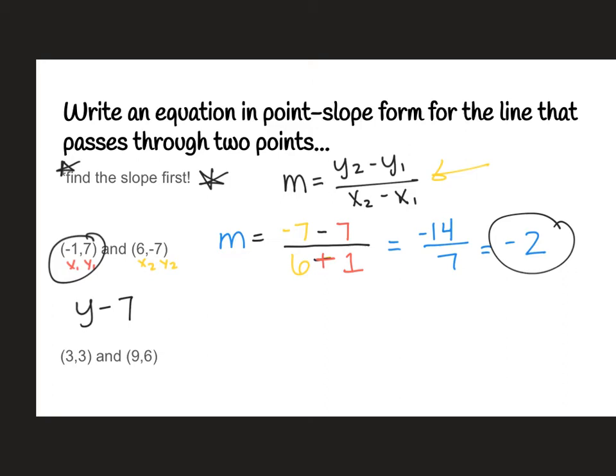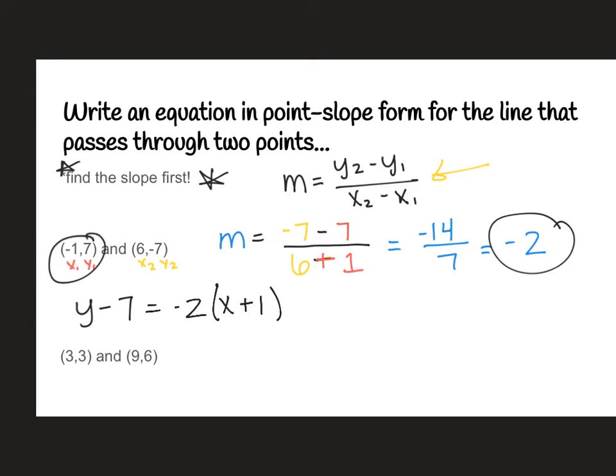See, and it's labeled for us already. Y1, x1. We just use that. Equals m, which we found, times the quantity x minus x sub 1. It's -1, so it's plus. And that is our answer.